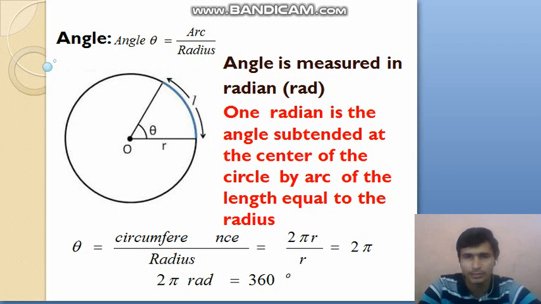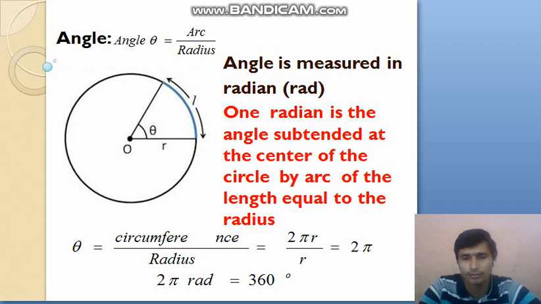If we consider a complete circular path, an arc which has a length equal to 1 revolution, the length of the arc is the circumference. Circumference is the length of the arc for one complete circle.